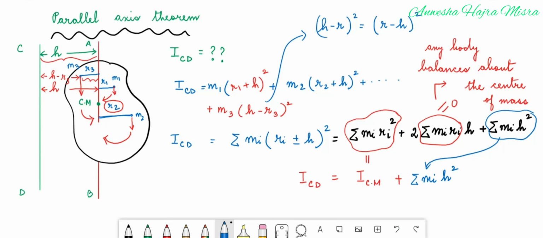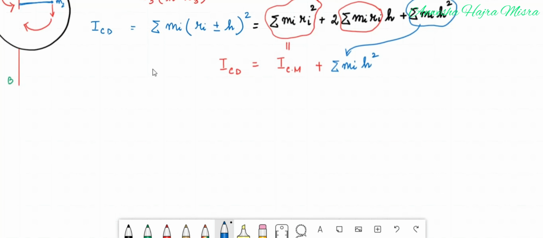So this is equal to I center of mass plus summation of mi into h square.